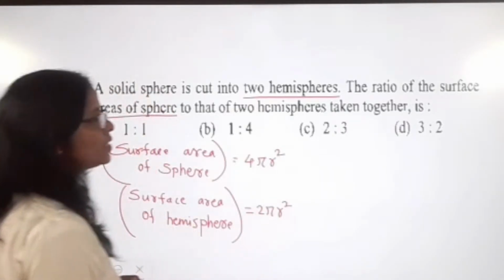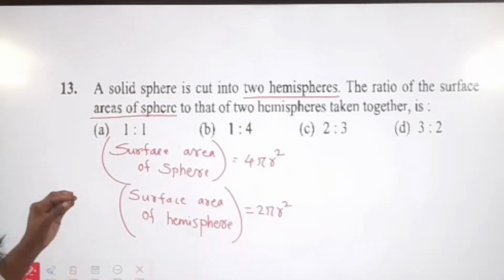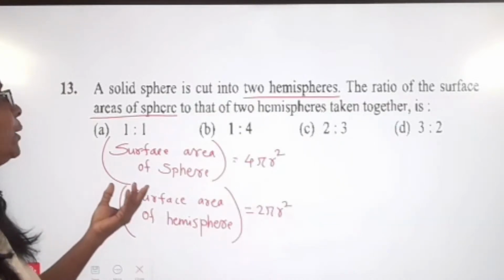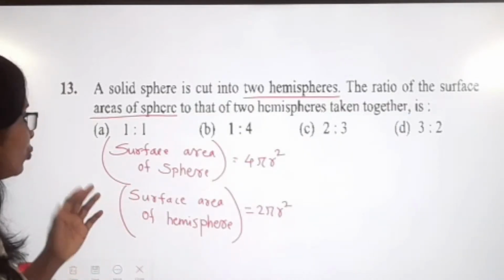Now the ratio of the surface area of the sphere to that of the two hemispheres.